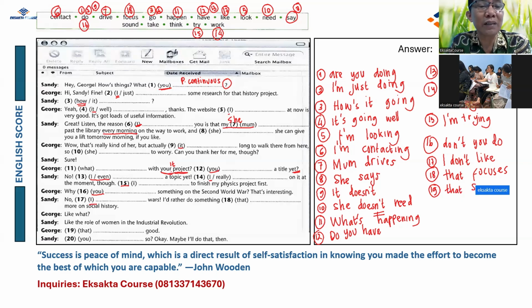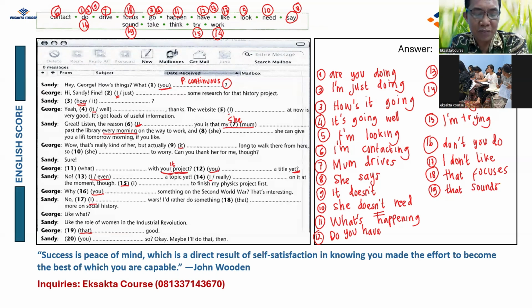The suitable word in the box above is sound. That sounds good. Use sounds because it is simple present and the subject is that or it, so by adding s, that sounds good.